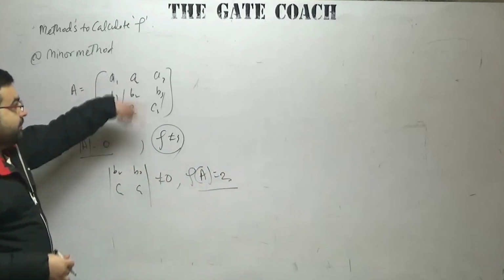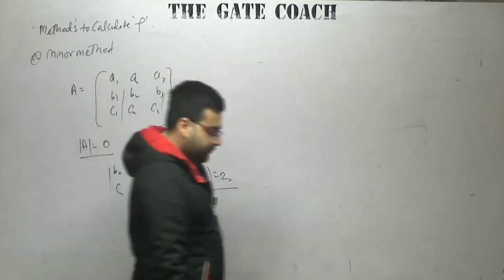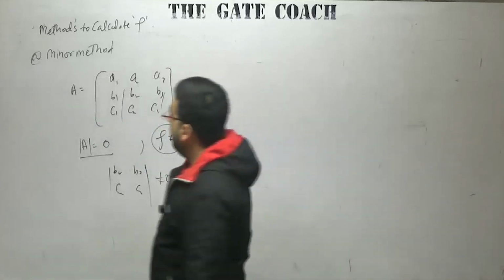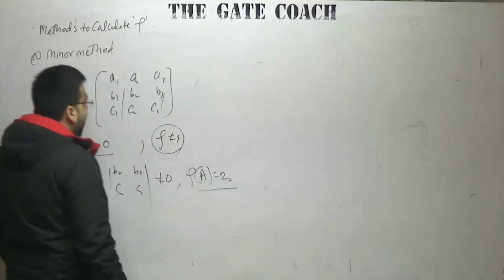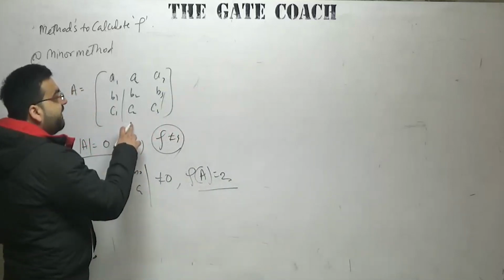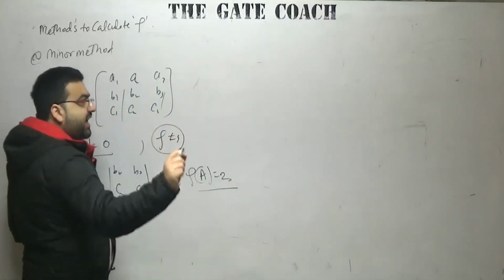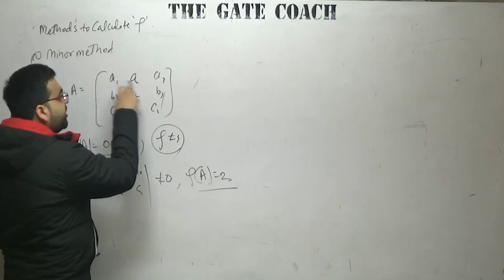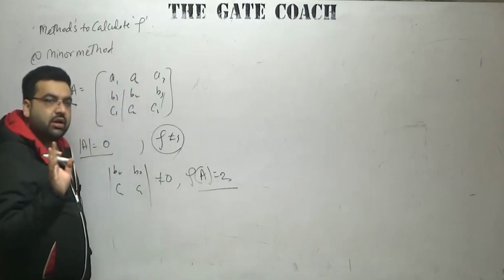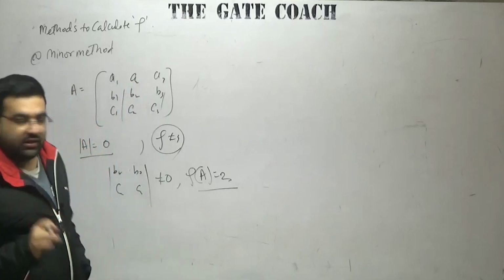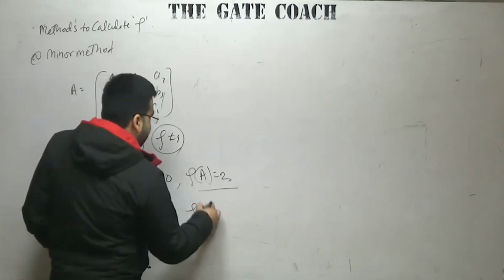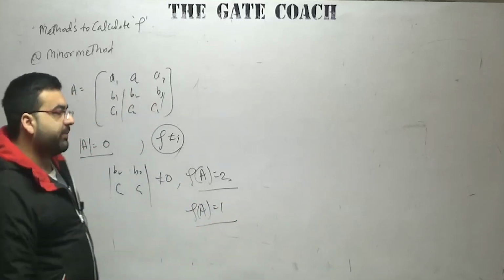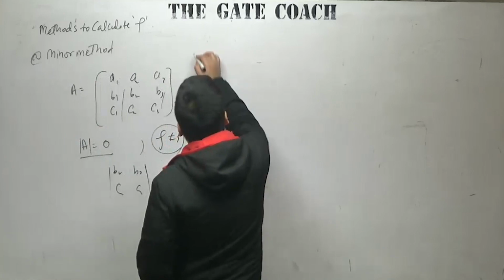But if all the minors are also coming out to be 0, we will try to find out at least one element which is not equal to 0. Some element will be there which is not equal to 0. Then I will say that the rank of this matrix A is equal to 1. So rank of the matrix cannot be less than 1 until or unless it is a null matrix.